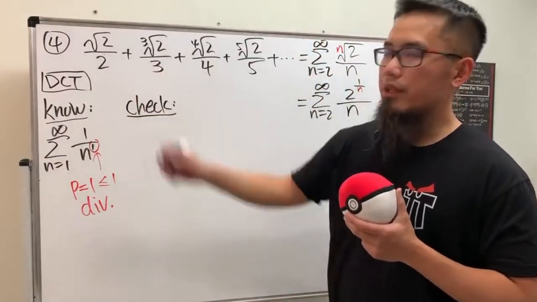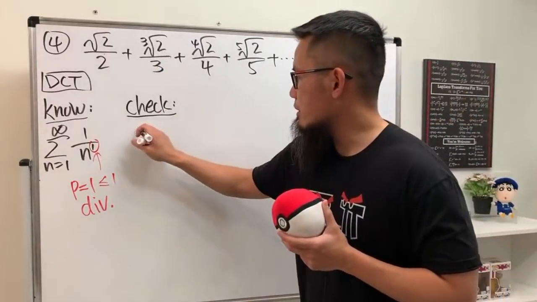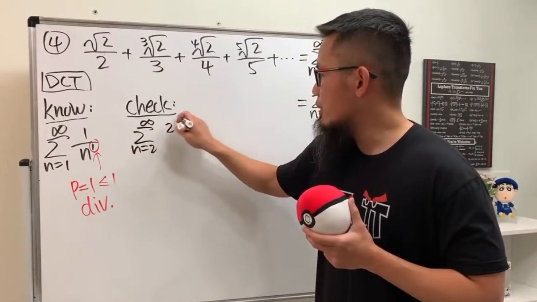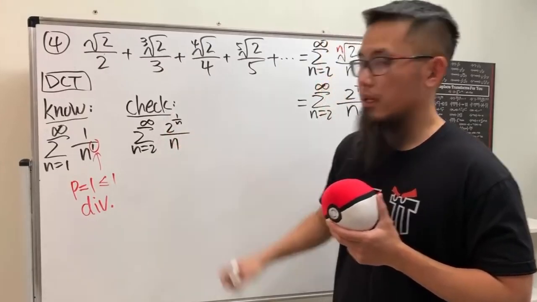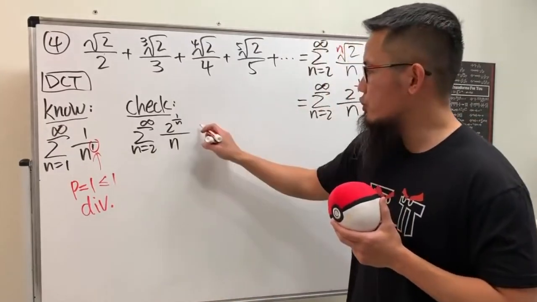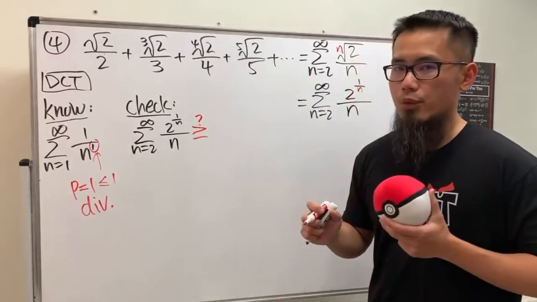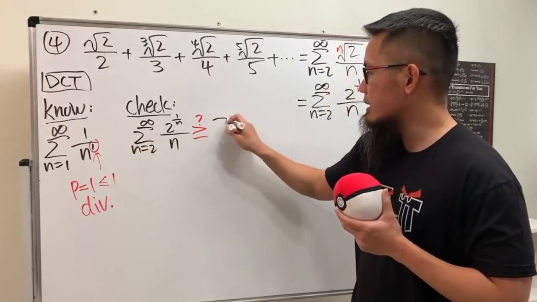If we are doing the direct comparison, then the check is to put down the series as n goes from 2 to infinity of 2 to the 1 over n's power over n. Because we have a divergence here, we hope to show this is greater than or equal to that, but we don't know yet. Put down a question mark right here. We hope to show this is greater than or equal to that.